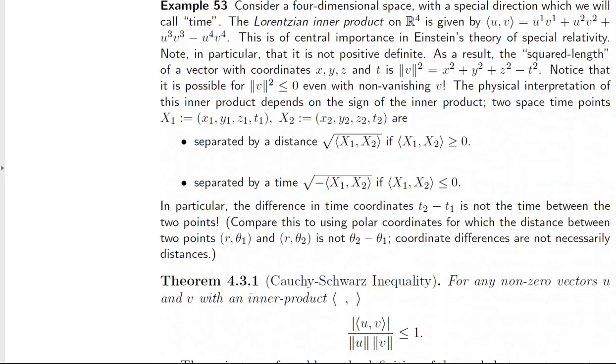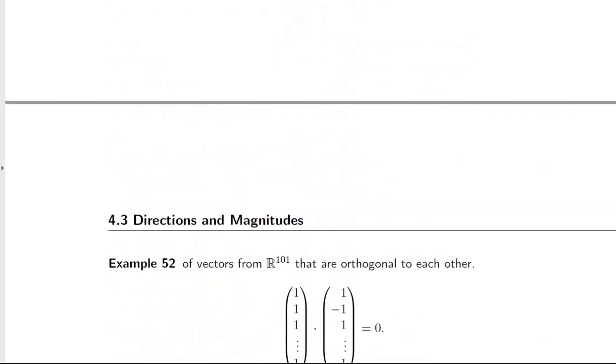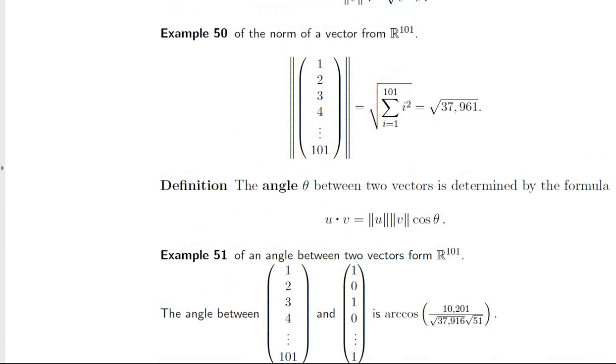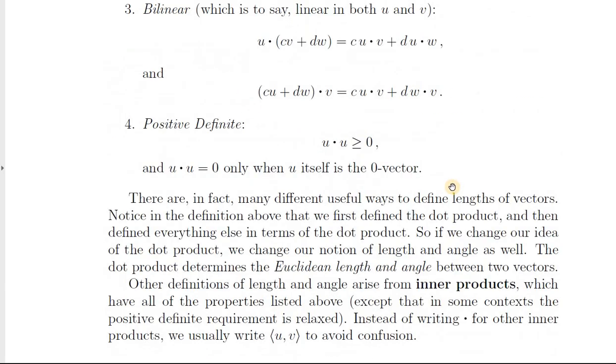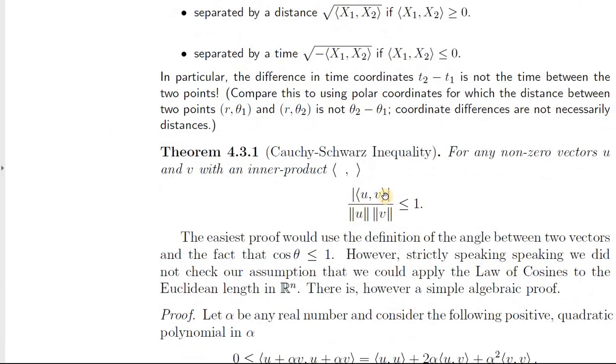When we define cosine, back here on page 90, okay, look at this. To define the angle, you use this relationship, and you have to use this relationship to solve for cosine theta. Cos theta is just equal to u dot v over length of u times length of v. So down here is the same thing. We're just writing u dot v as angle brackets u and v.